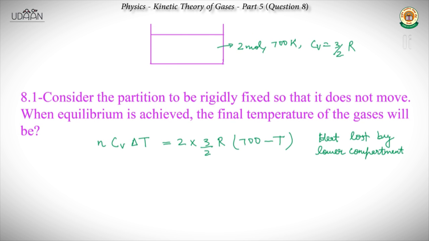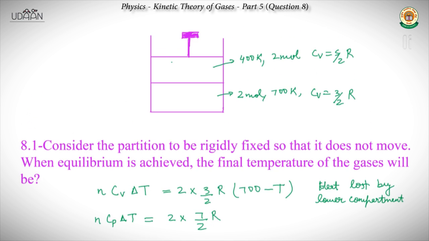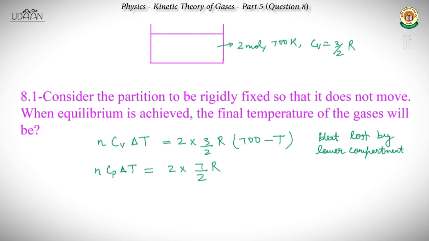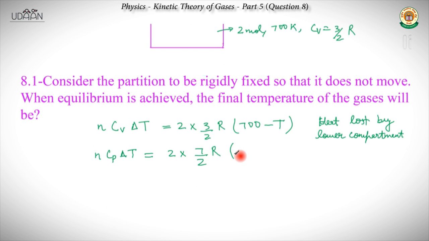And this would be the same as the heat taken by the upper compartment, but because that will undergo a constant pressure process, we have to write for that as nCp delta T would be equal to 2 into 7 by 2R. Right. We get this 7 by 2 as we know Cv is 5 by 2R and Cp equals Cv plus R. So we just add an R, whole into T minus 400.